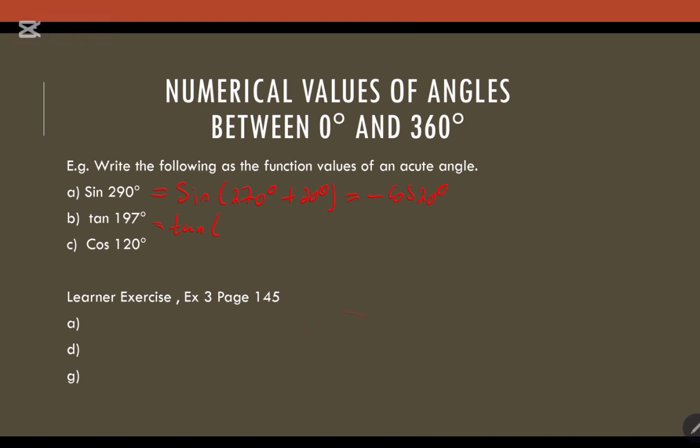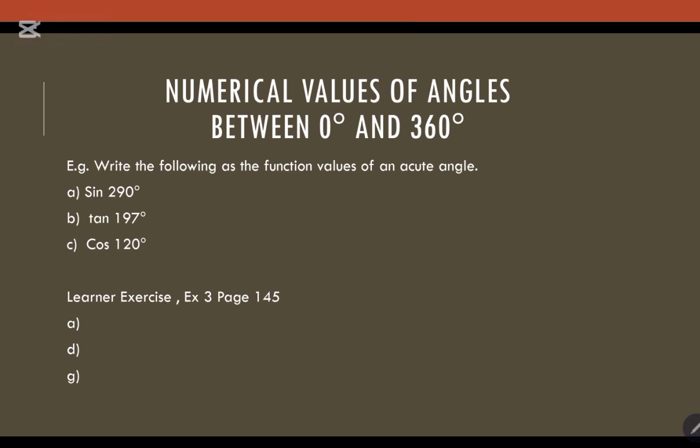So this is the same as tan of 180 degrees plus 17 degrees. Now 180 plus 17 will give you 197. So this angle is in the third quadrant, and in the third quadrant tangent is positive, so this will simply be tan of 17 degrees.